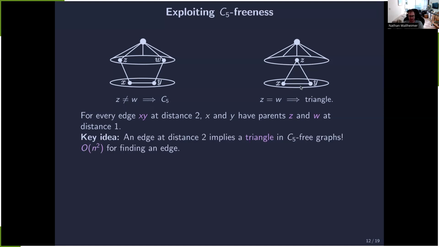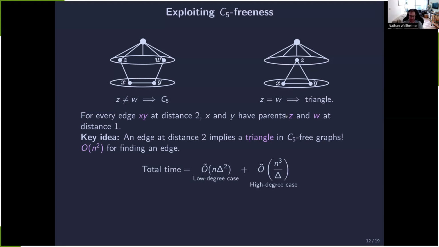So the key idea is that the existence of an edge in a 5 cycle free graph implies the existence of a triangle. So all we have to do, instead of spending n cube time per ball, is just to search for an edge at the distance 2 layer. And it takes only n squared time to do so.